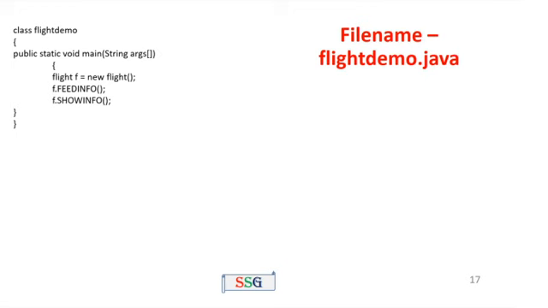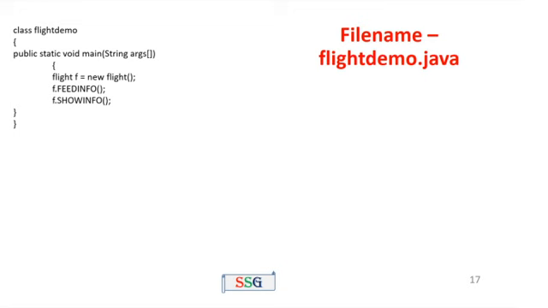So Flight f = new Flight(). Then f.feedInfo(). That means control transfers to the feedInfo function and gets all the inputs such as flight number, source place and destination place. And f.showInfo() prints flight number, source place and destination place. Next, close curly brace. First close curly brace for main function closing.